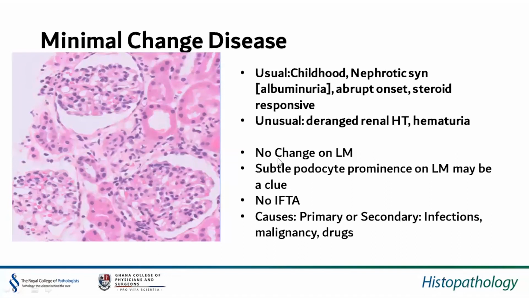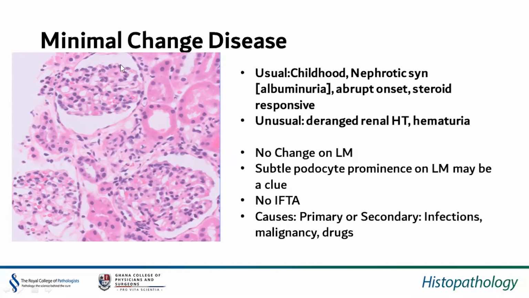On biopsy, there is no change in the glomeruli at light microscopy. However, very subtle podocyte prominence at light microscopy may be a clue to the underlying disease. Why do these podocytes become prominent?